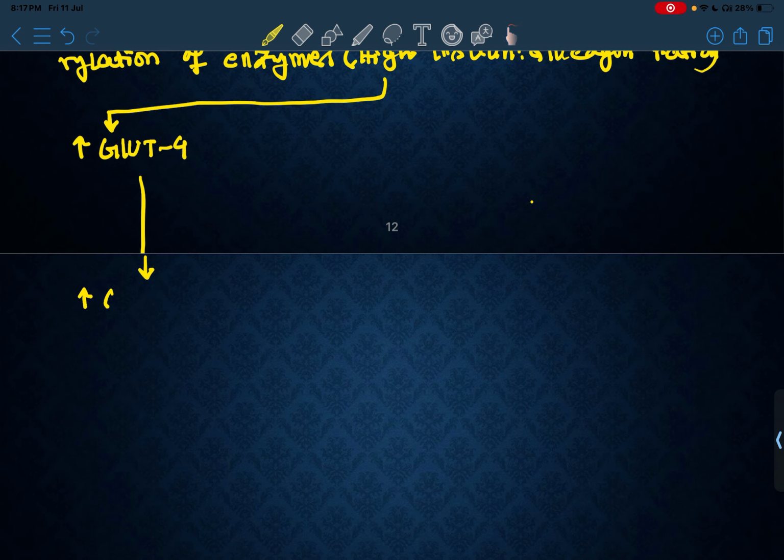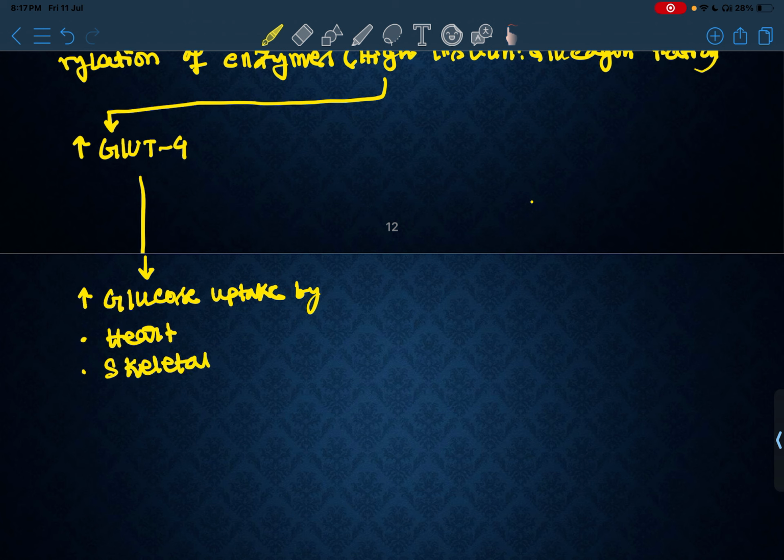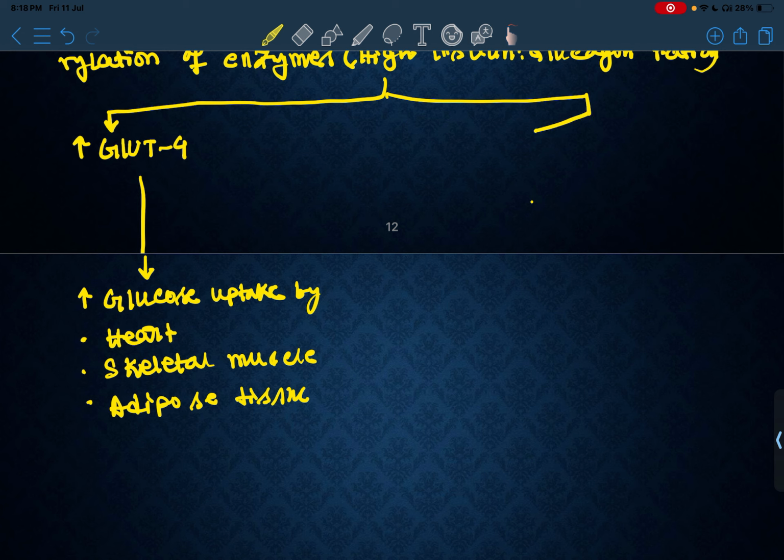It increases glucose uptake by, first, the heart, second, skeletal muscle, third, adipose tissue.